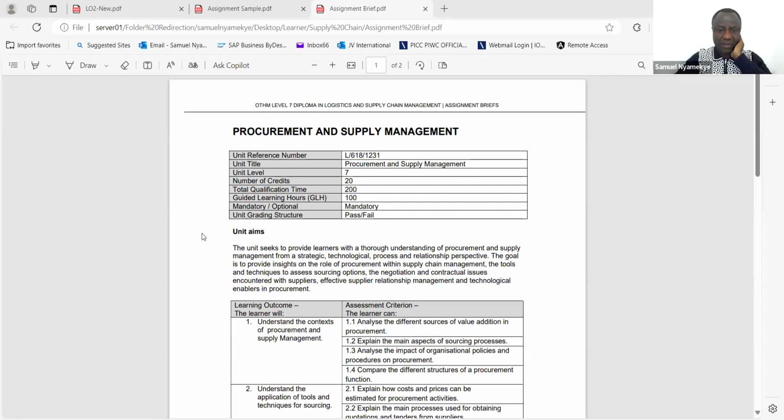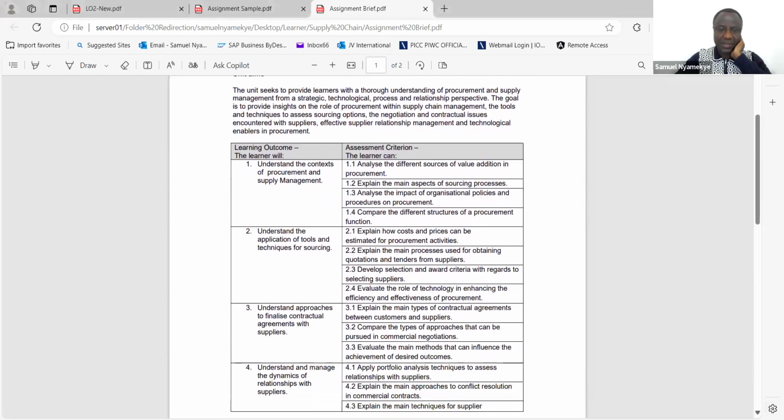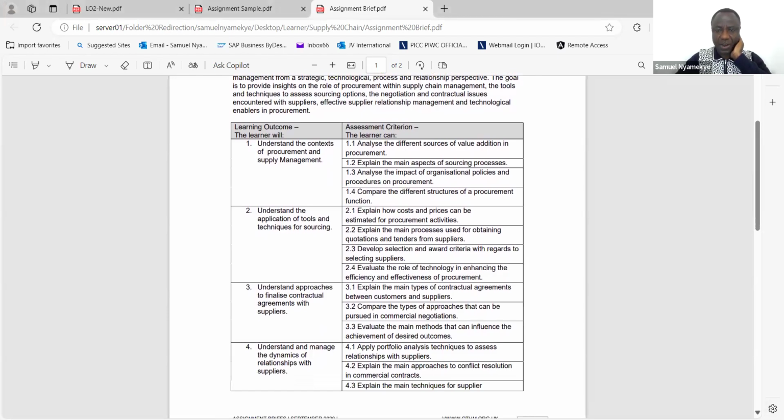Yesterday we mentioned that this is a mandatory unit, so you definitely have to strive to pass. There are 4 learning outcomes. Yesterday we looked at the context, what procurement and purchasing is all about. Today we'll be looking at the tools.